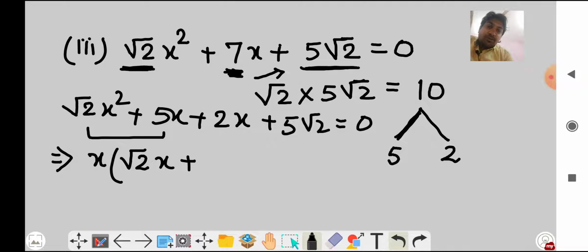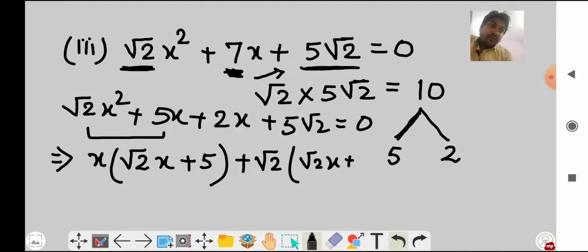And if taking x common from the second, it will remain 5. Similarly, here 2x root 2, so root 2 is common. So here you write root 2x plus 5. Is it clear to all, guys?